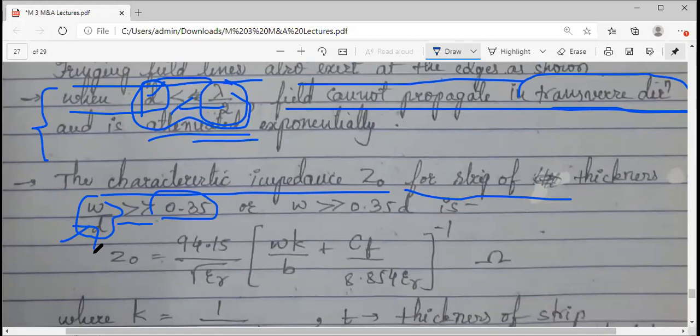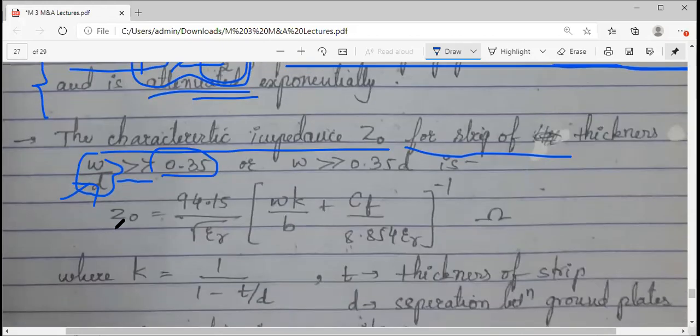Okay, I am giving you only one formula for Z0, characteristic impedance, when the condition W by D is greater than 0.35. This is the formula. It is given directly; there are no details of how we got this formula. Okay, so please remember this. You have got 4 different lines and 4 different Z0 equations. Okay, don't get confused between one and another.